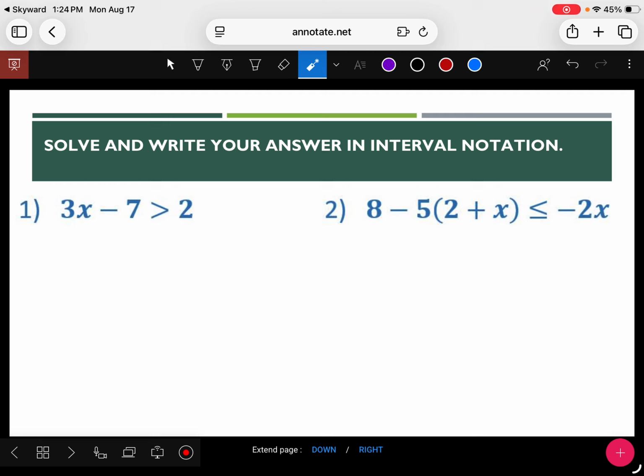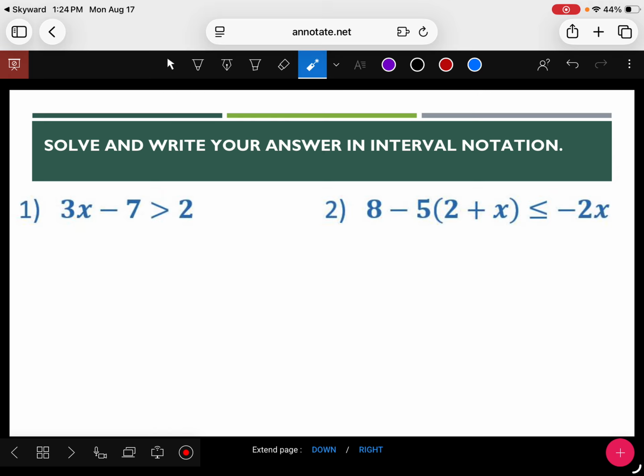When you divide or multiply by a negative. That's the only time you flip the sign. So if you need to write that down, write that down. When you divide or multiply by a negative. So go ahead and solve number 1. It's just a 2-step inequality, but write your answer in interval notation. It should not have a greater than or a less than sign in there.